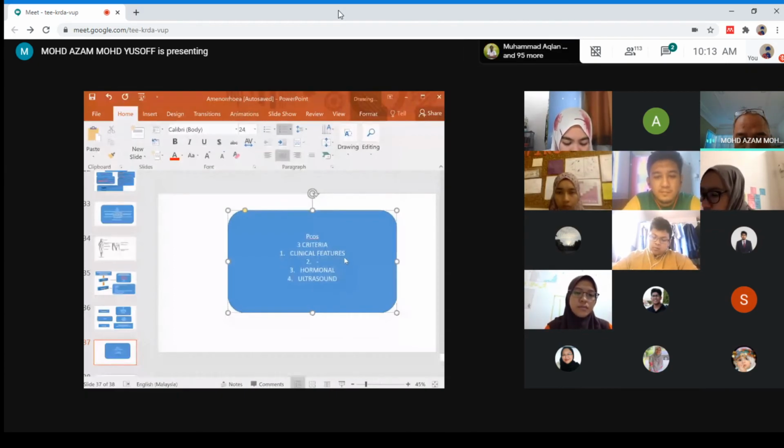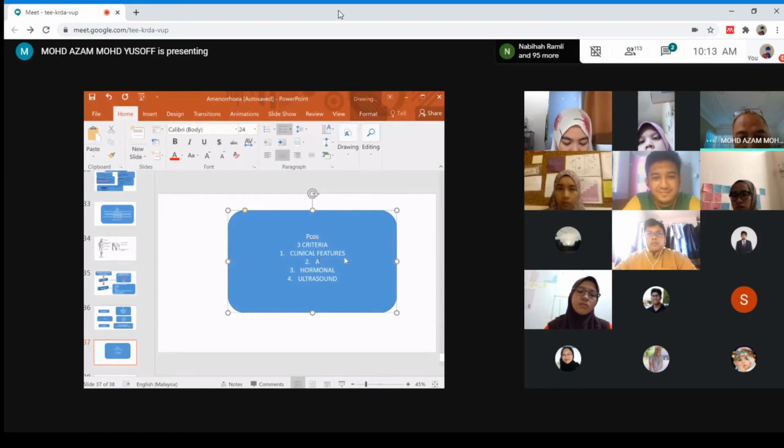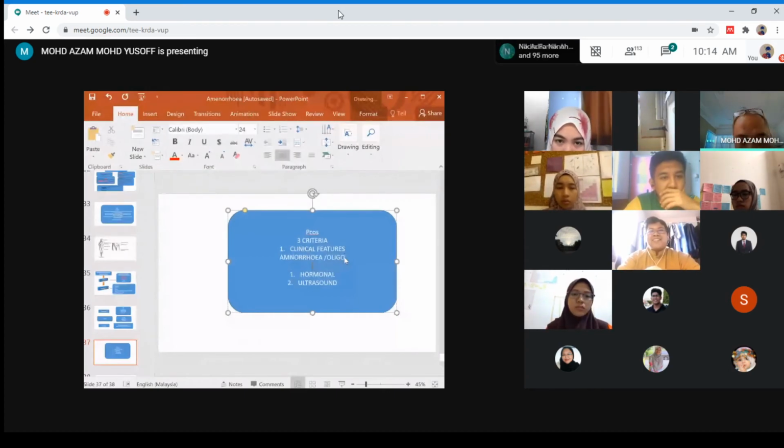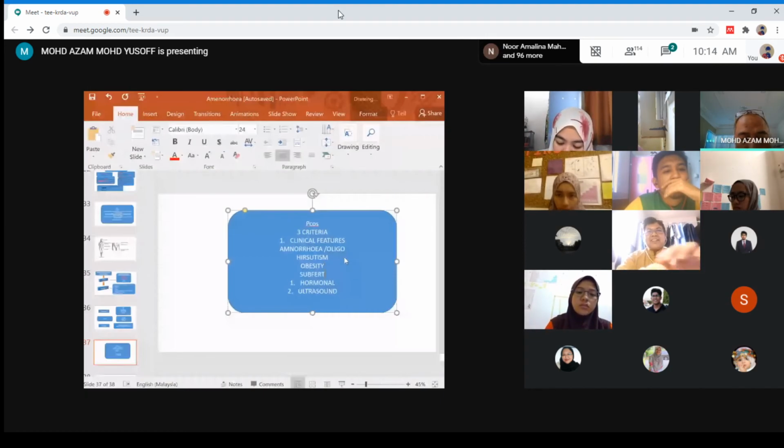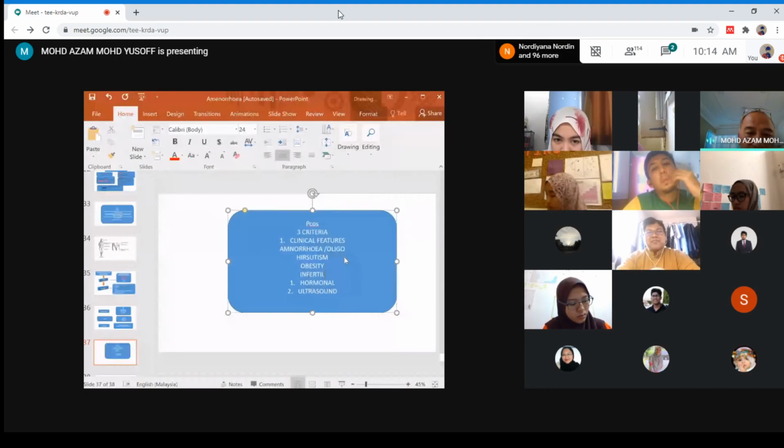So the clinical features of PCOS are amenorrhea or oligomenorrhea, and then hirsutism, and then obesity.